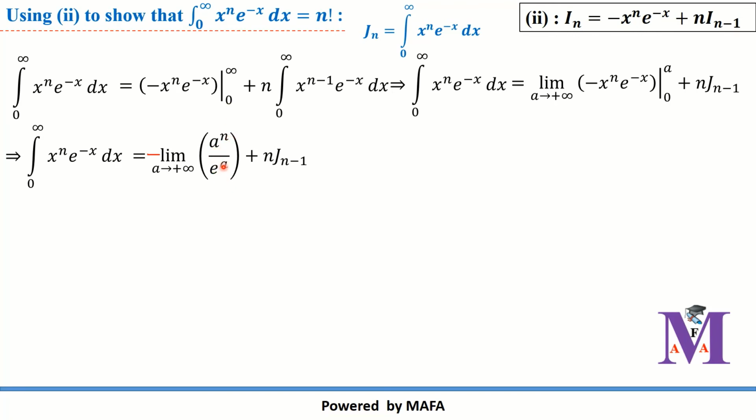Clearly e to the a is increasing, that is, it tends faster to infinity than a to the n. It means that everything here is going to tend to 0. So at the end the negative sign does not matter. So our g of n, which is the left hand side, will be equal to what? 0 plus n times g of n minus 1. So it means our g of n is equal to n times g of n minus 1.